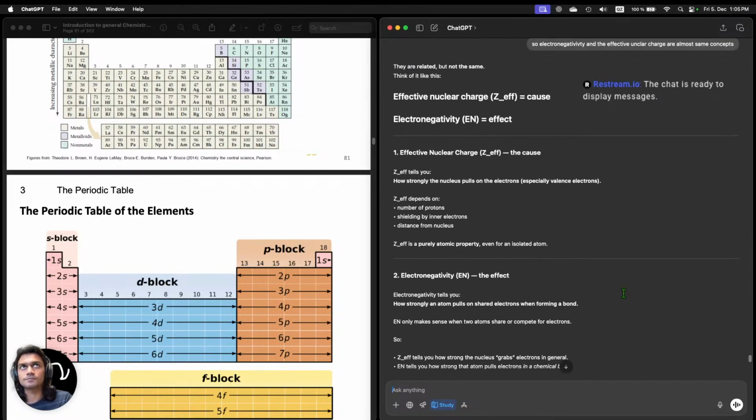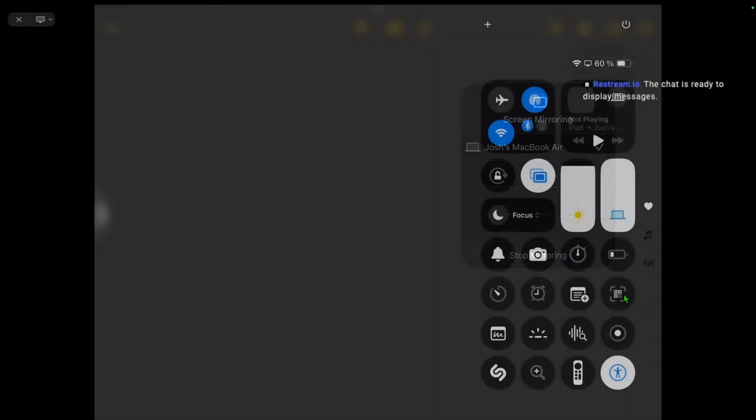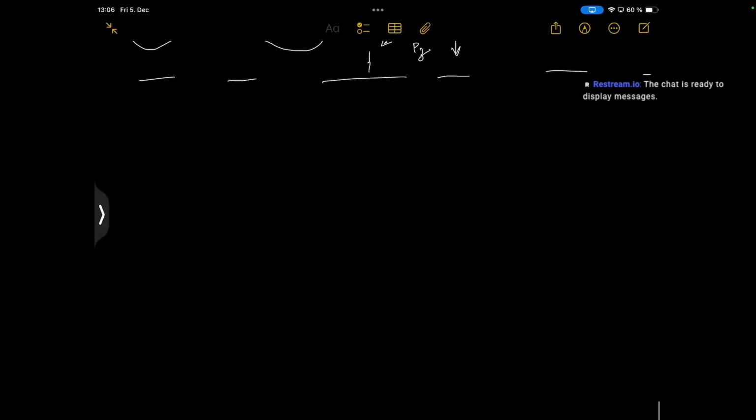Okay, if I start writing, let's see if I could write it. So now we're going to talk about the periodic table of elements.